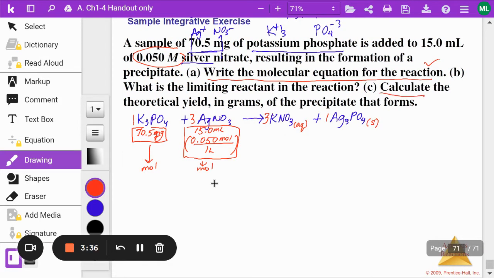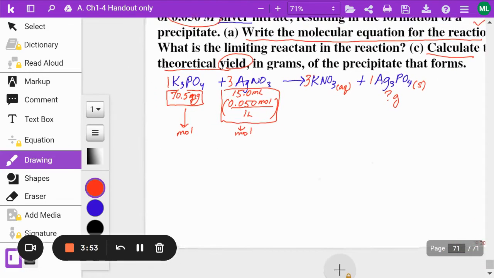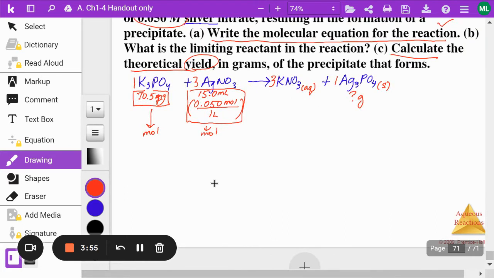When they ask that, they're really asking how many grams you are going to theoretically get, or yield, of the precipitate. So this is the precipitate, silver phosphate. That's what they're asking for. So we're going to change this to moles, then change this to moles and put it into a rice box. So let's try that.